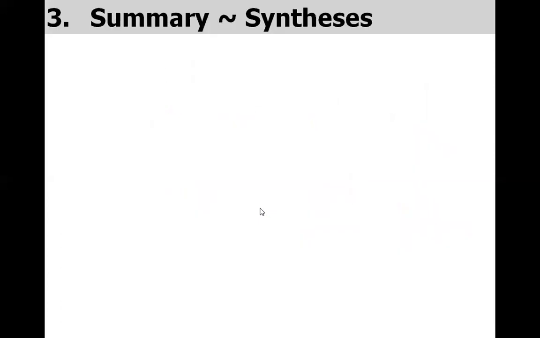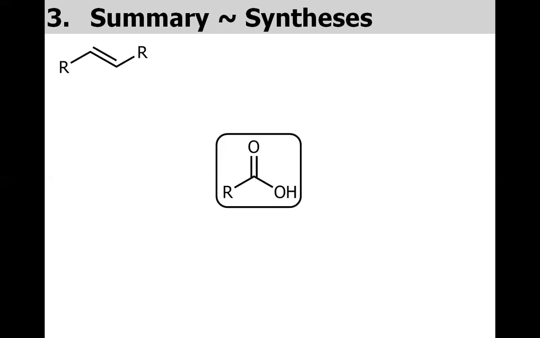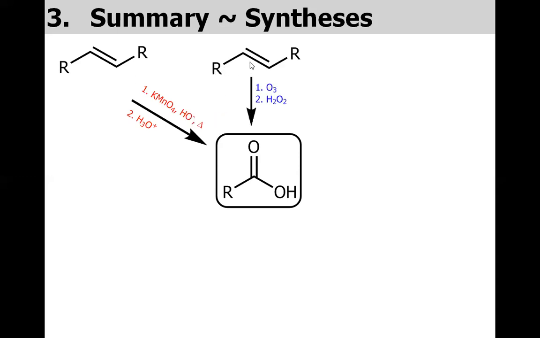Now in the summary, for the synthesis of carboxylic acids, there are a lot of reactions that we have discussed. The first reaction is carbon-carbon double bond breakage with the help of potassium permanganate under alkaline condition at high temperature, followed by workup. The second is to use ozonolysis followed by oxidative workup.